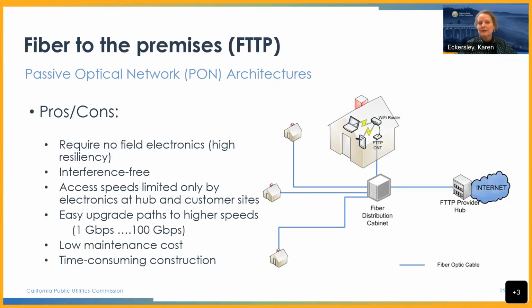Fiber to the premises is the most reliable, so-called future-proof, highest capacity connection available, and it has very low maintenance costs. The drawback most commonly noted about fiber is that it does have higher upfront costs. These upfront costs are mostly related to the cost of hanging fiber from utility poles or burying them in trenches.